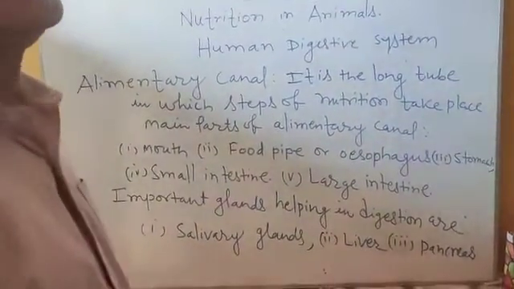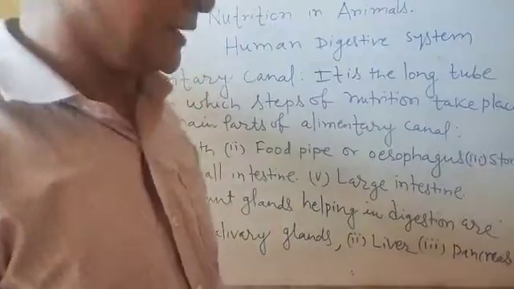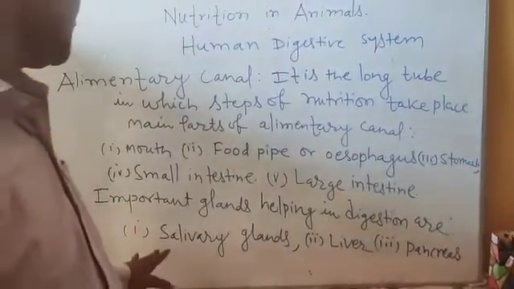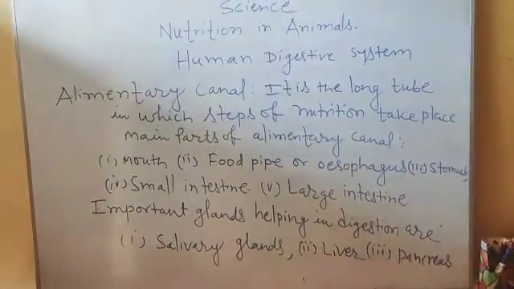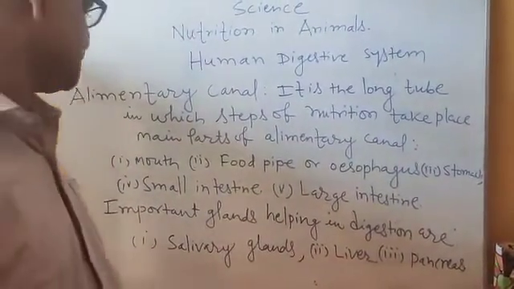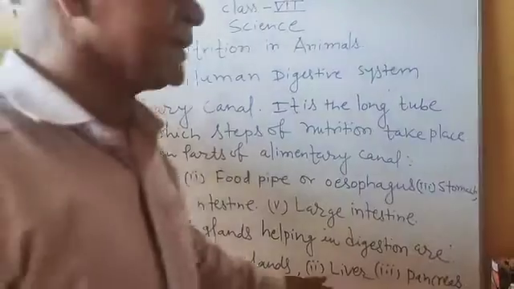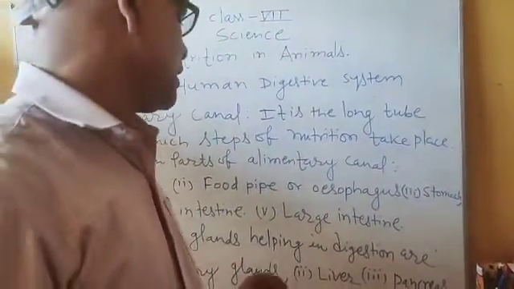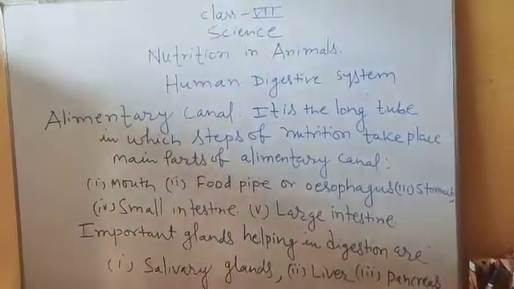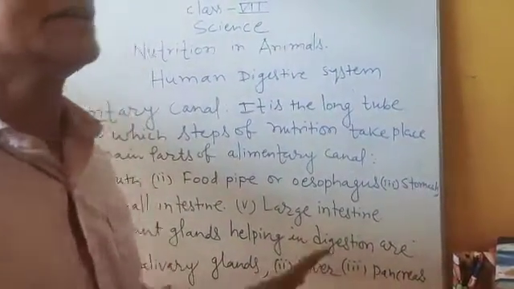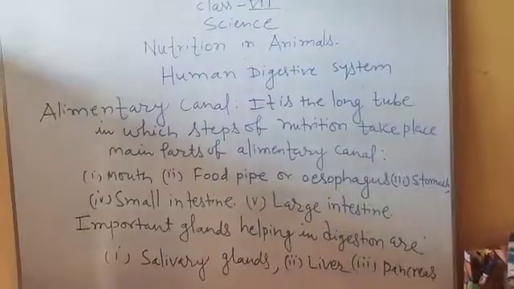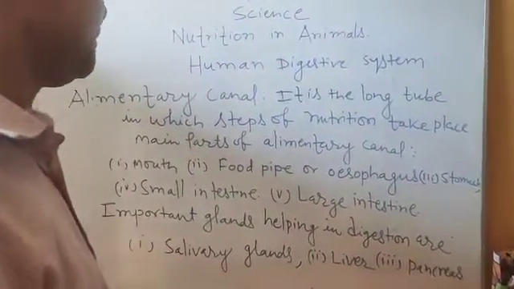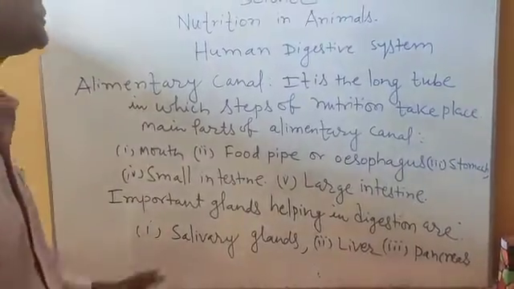So these three glands help in digestion of food. Liver contains the gallbladder, and gallbladder secretes bile juice. Bile juice helps in digestion of food.